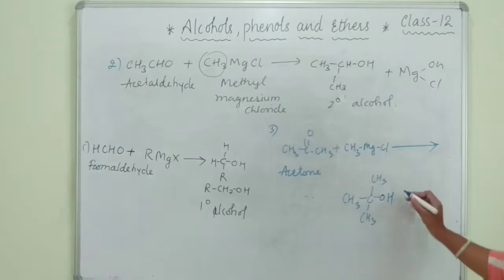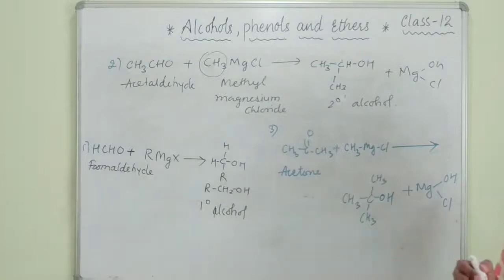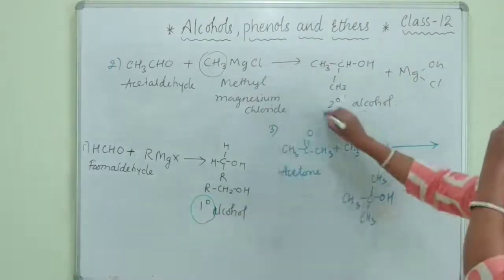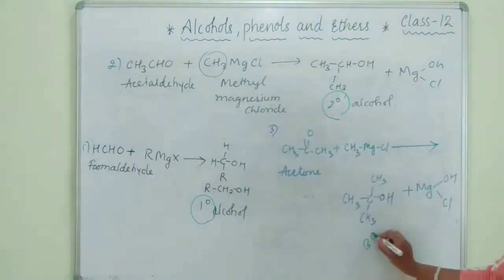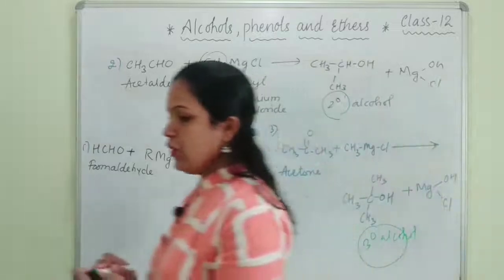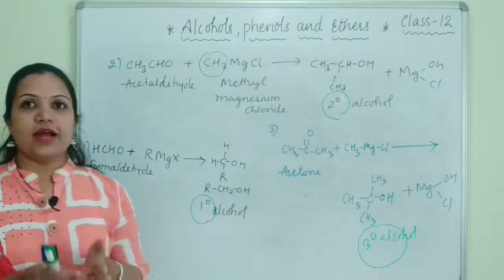If you understood the mechanism, you can easily write its product. I cannot take all the examples here, but in this way you can write the product. So we got a primary alcohol, a secondary alcohol, and then a tertiary alcohol. These are all the preparations of alcohols from Grignard reagent.